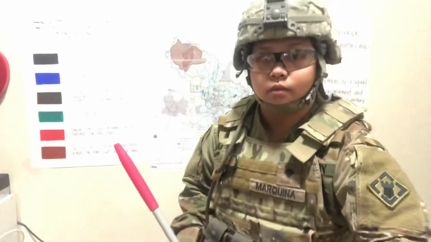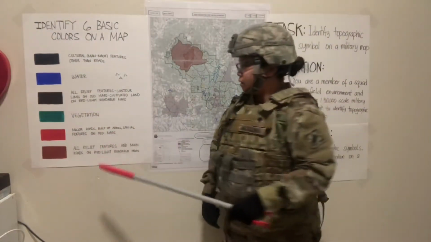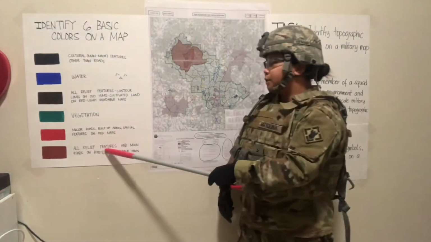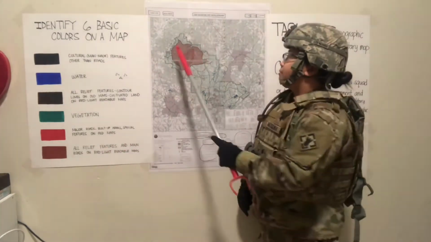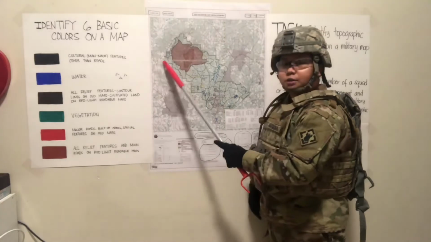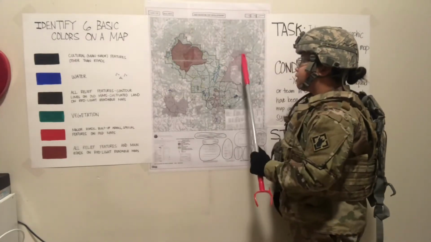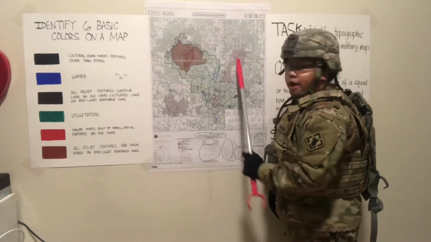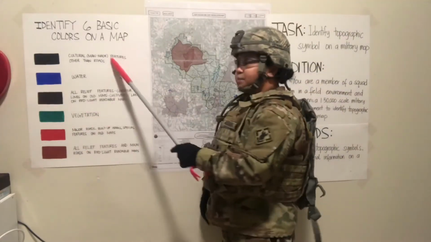We have our major roads. So we have our red-brown: all relief features and main roads on red-light readable maps. Such as in here, this is your red-brown, and this is your red-brown over here, inside the red. Okay, so those are the six basic colors of the map.